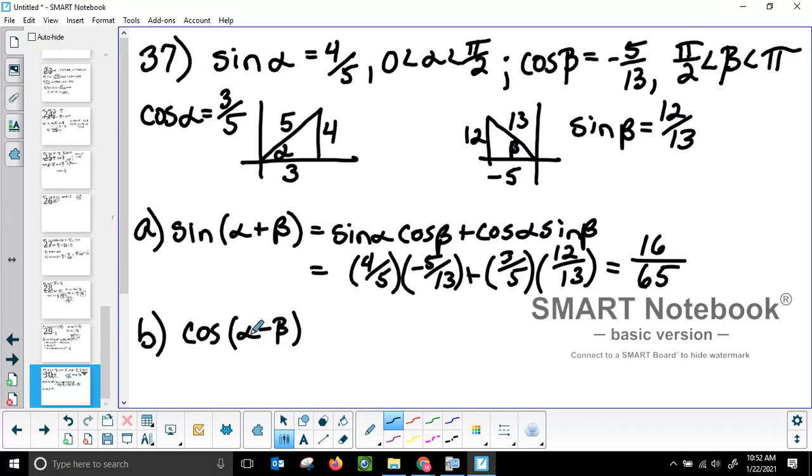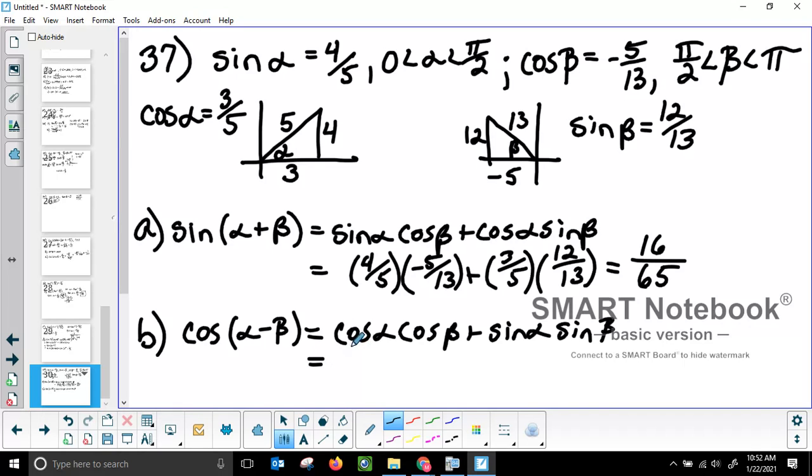All right, B says to find cosine of alpha minus beta. All of these trigonometric formulas are going to be on a formula sheet that you're going to be given, so don't worry about memorizing all of that. This will be cosine of alpha, cosine of beta, plus sine of alpha, sine of beta. So again, you just plug in these numbers.